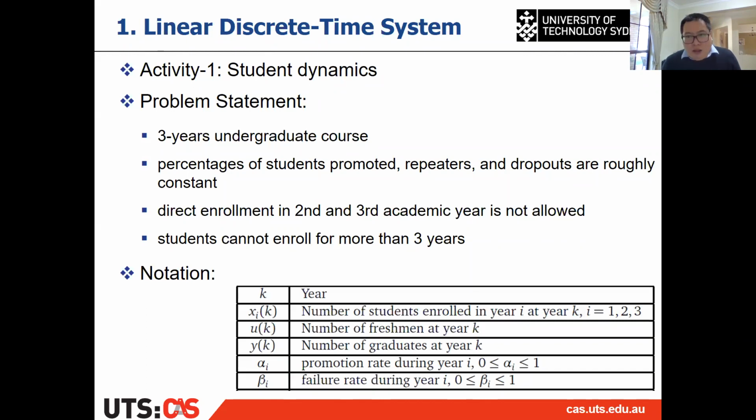Those are the only things you need to consider. After you can get that kind of relationship in the equation, then you finish the formulation of the linear discrete time system. All right, so start trying to formulate this linear discrete time system by yourself.